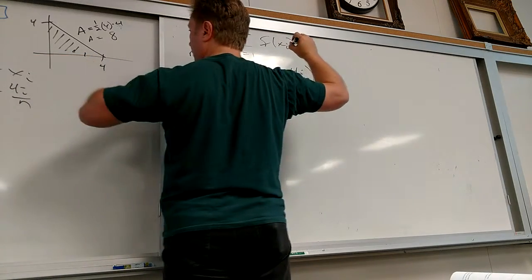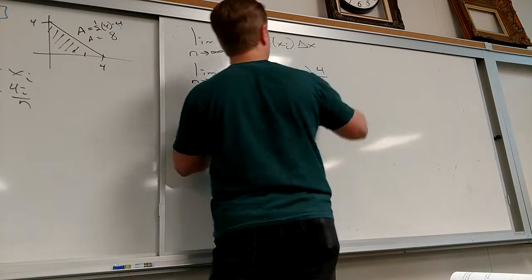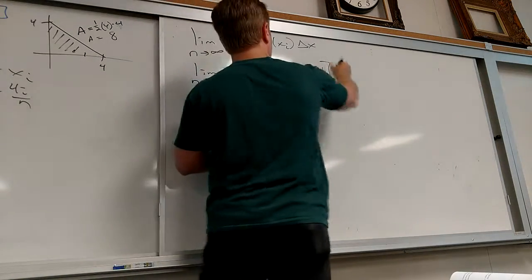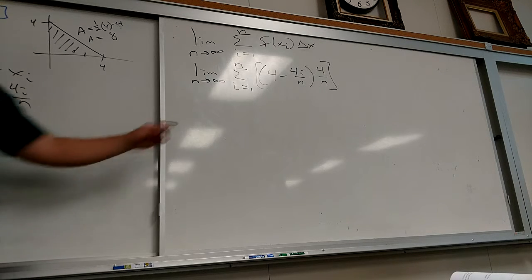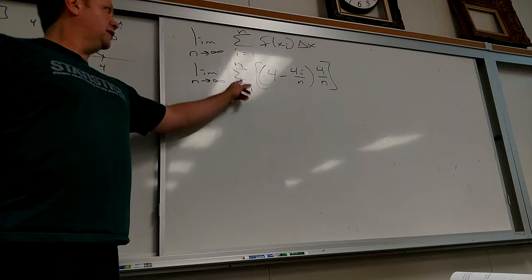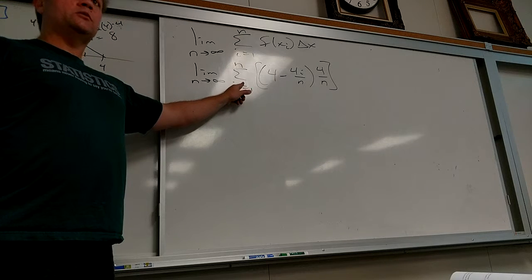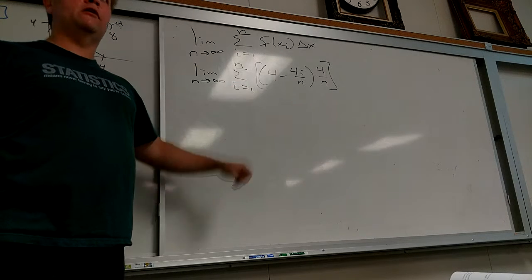Delta x we figured out is 4 over n. Let me ask you an interesting question. In terms of the summation symbol, what is the variable?